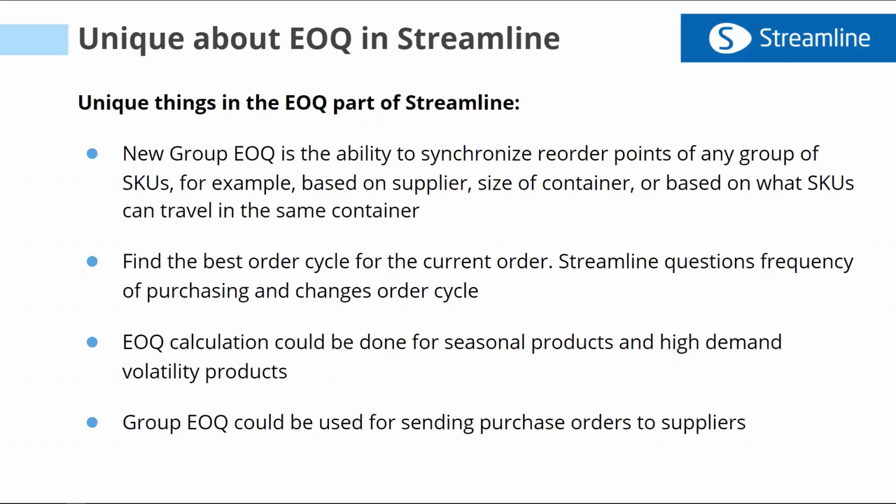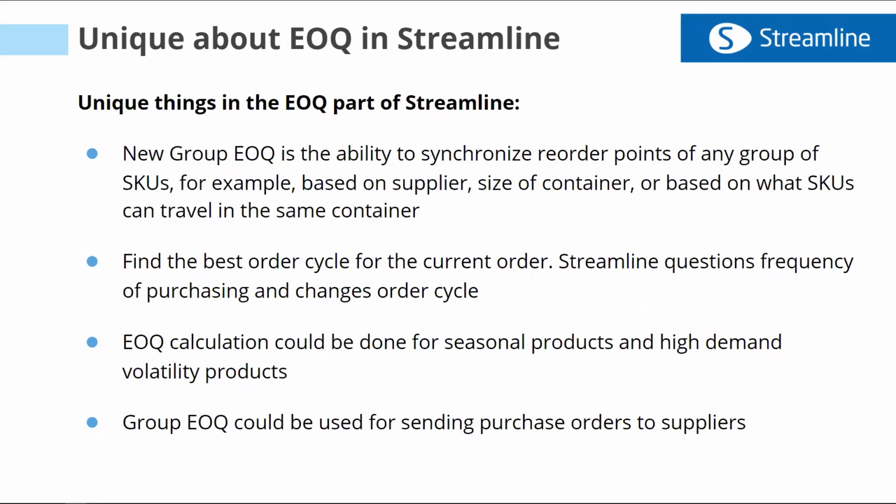So Streamline simply built upon its ability to purchase in groups of items and added the ability to suggest the right quantity from the economic standpoint. So in our groups, we can provide the right synchronization barrier that minimizes costs rather than provides certain numbers of days of supply, which was implemented initially.